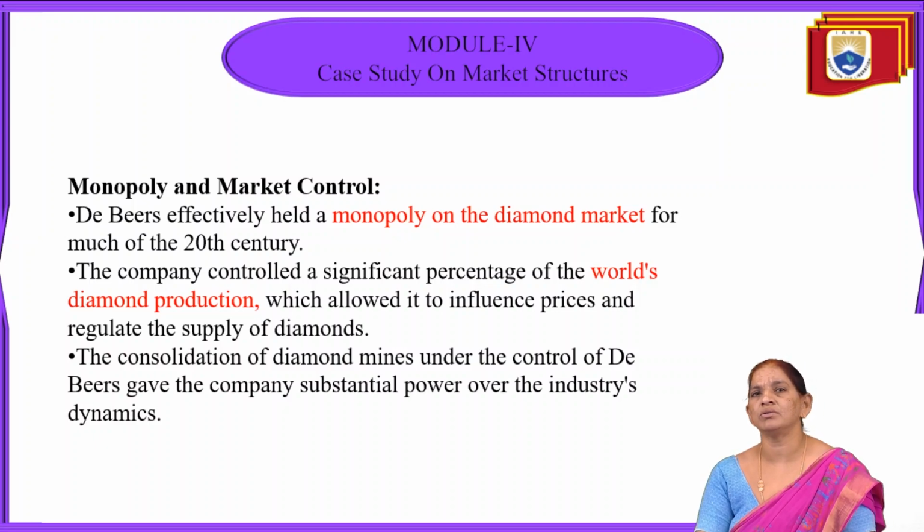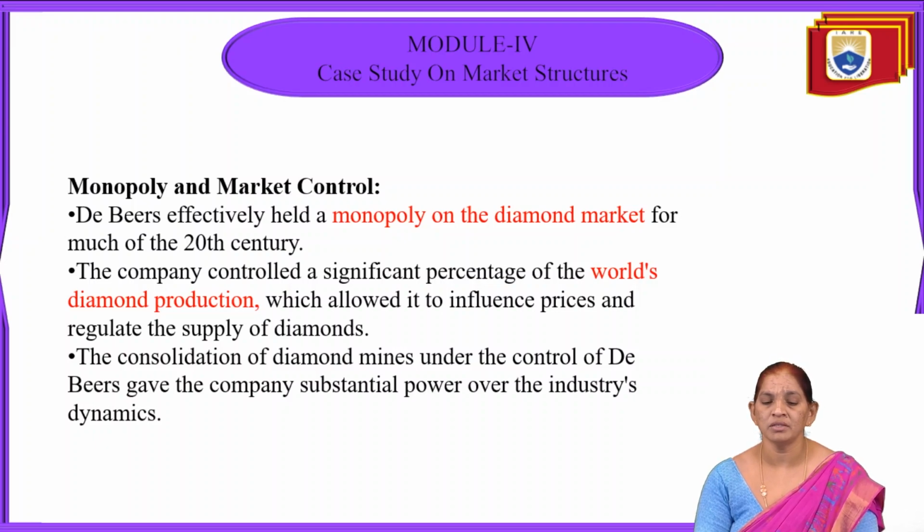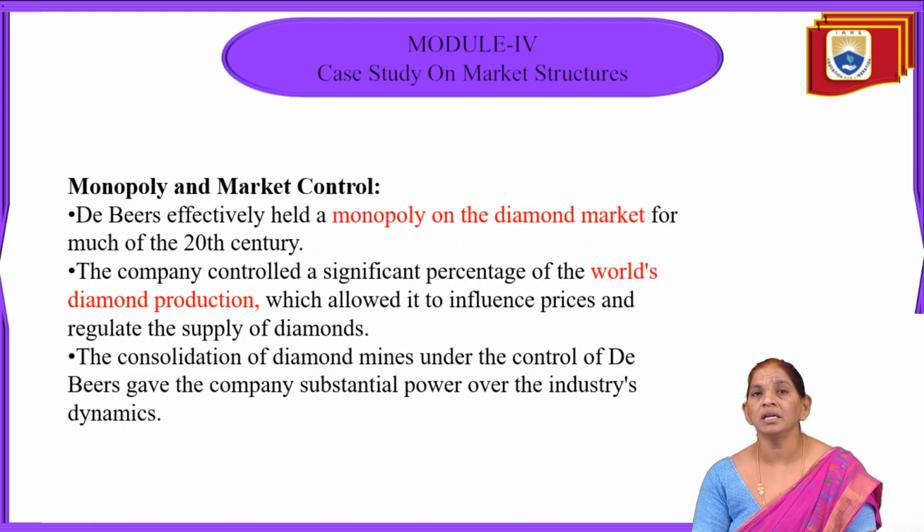So De Beers acted as a monopoly in the diamond market, and the company controlled a significant percentage of the world's diamonds, which allowed it to influence the price and regulate the supply and demand. Being a monopoly in production and distribution, the company influenced the pricing pattern and regulated the supply internationally.